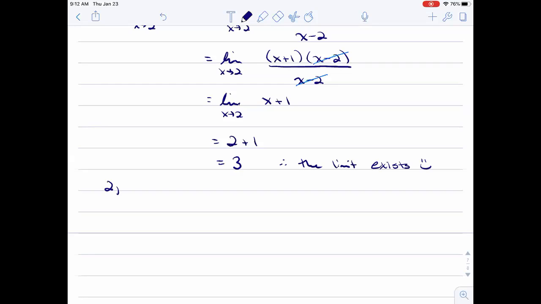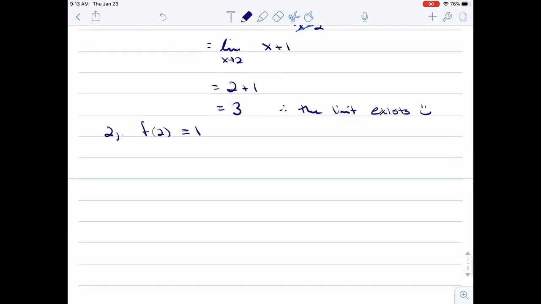Now our second checkpoint is f at 2, which we know equals 1. So f at a in general, therefore, f of a is defined.